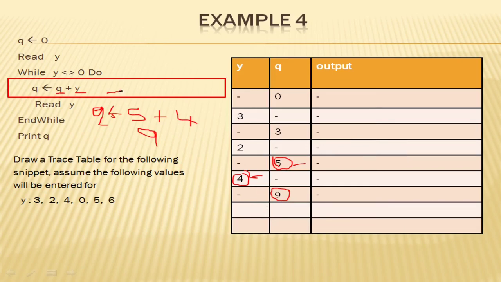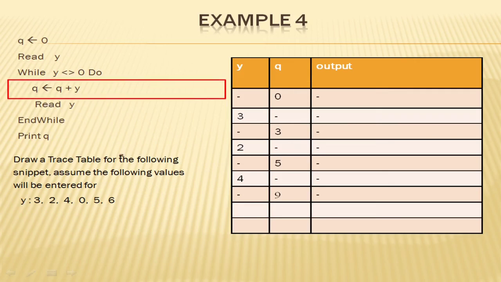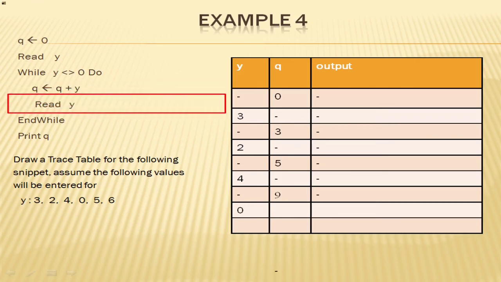In this row there is no value for y, so put a dash, and there is no output, so put a dash, right? Once we do that, we move to the next statement, the next line. So we move down and read y, and the value that we're going to enter for y is 0, because that's where we are in the list.